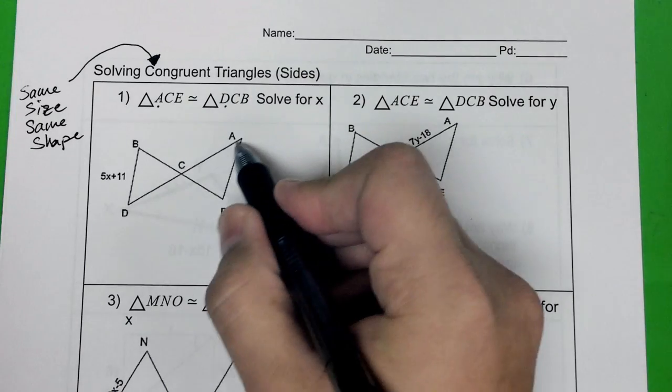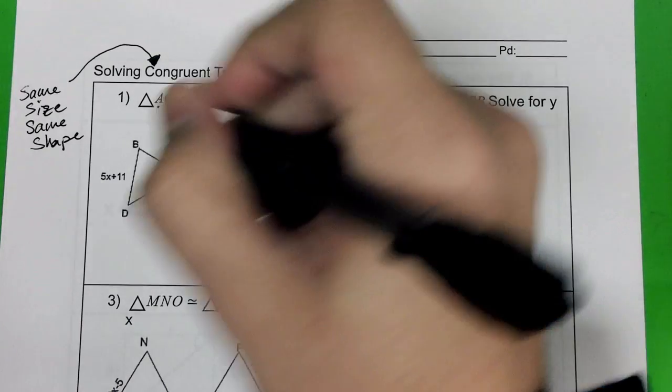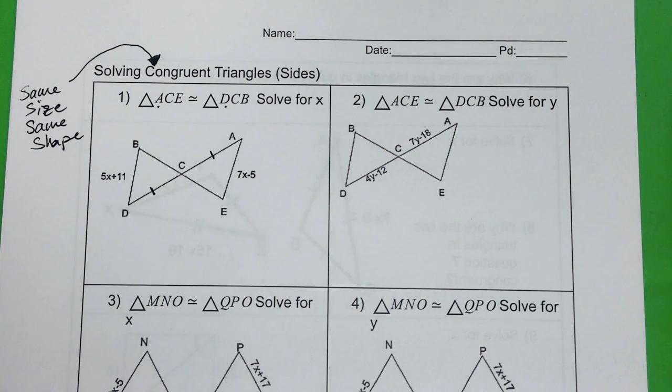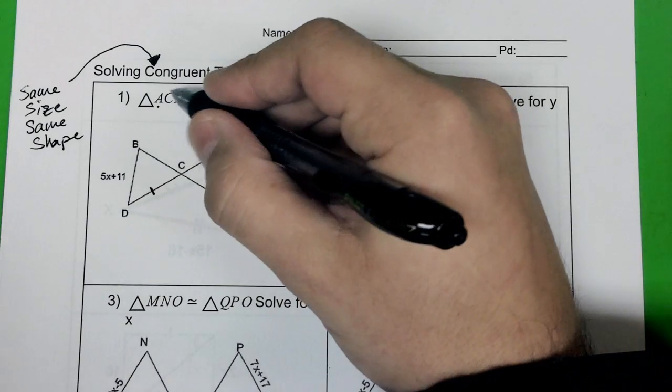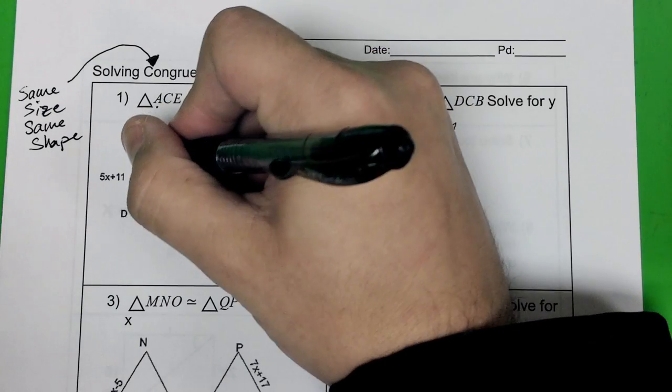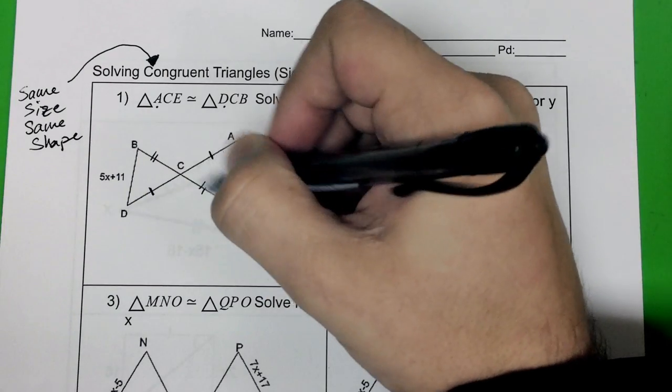So that's this segment right here, and this segment right here, so those are congruent marks on that. And then CE, because that's the second two letters, are going to be congruent to CB. So those two segments are congruent.